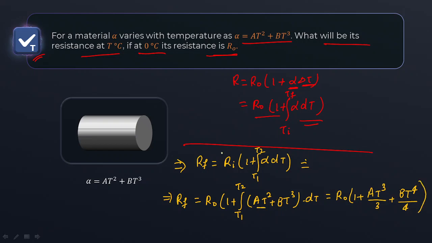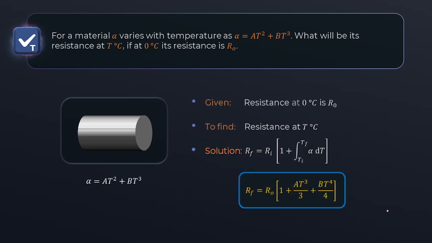Yes or no? And T1 was how much? T1 was 0 and T2 is T. So when you put the value of T1 as 0, we can simplify, right? This is our answer. Clear to everyone? So R final equals R naught into 1 plus, right?